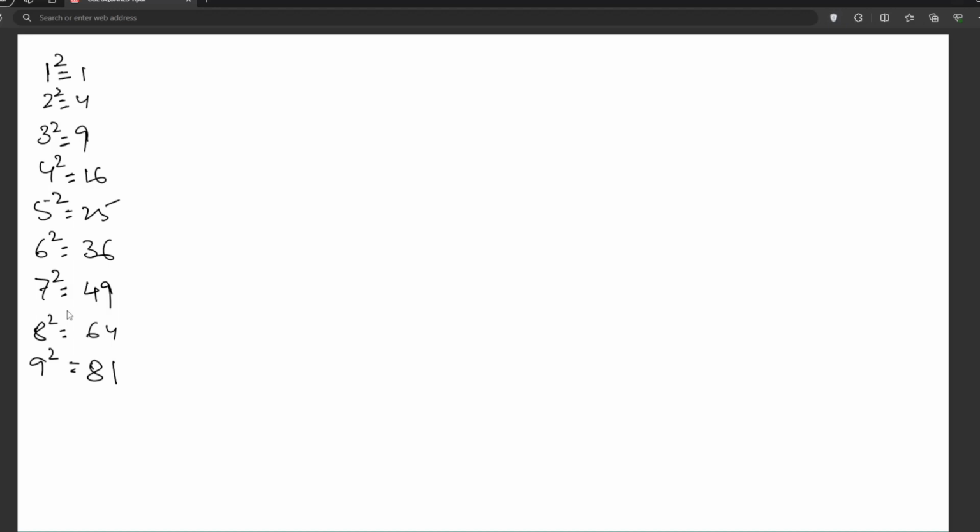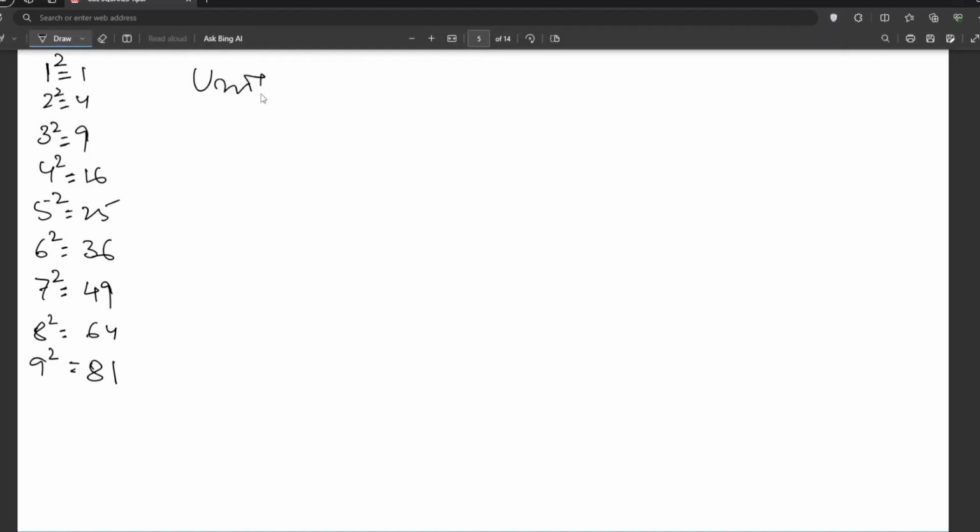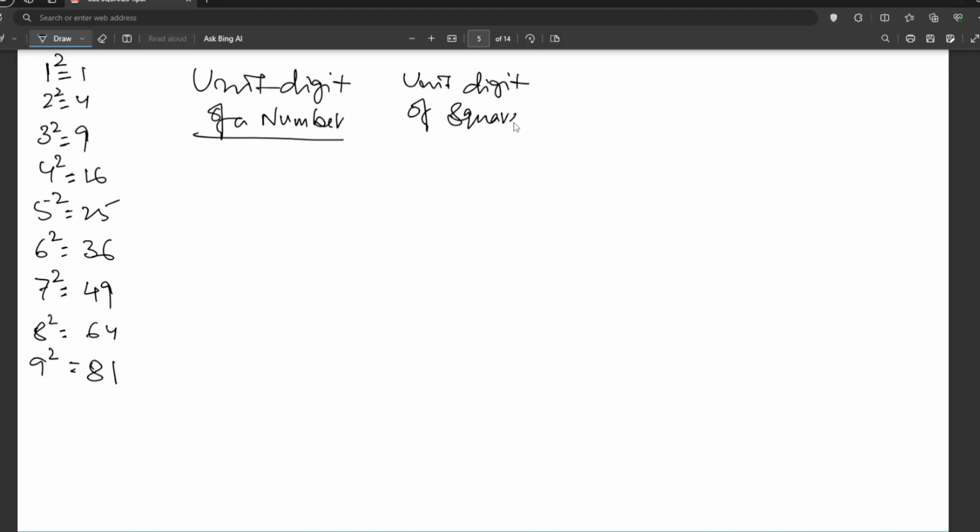Now from here we can see that if we have unit digit 1 or 9 in a number, we will get 1 as the unit digit of the square of that number.